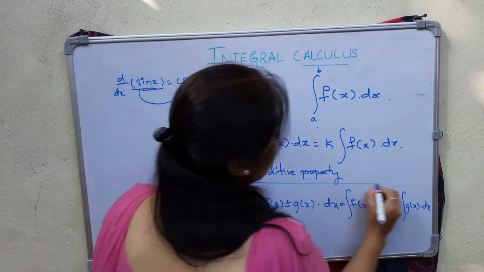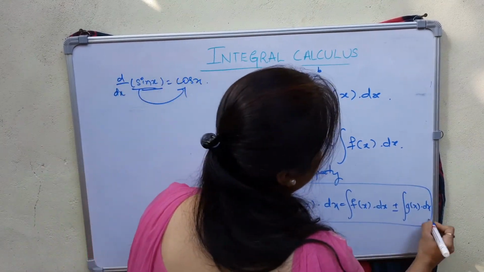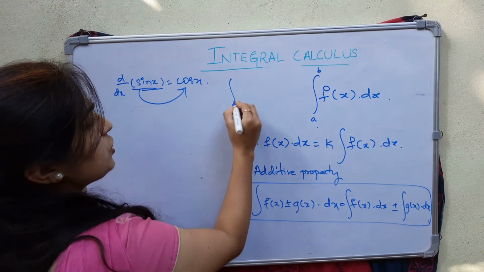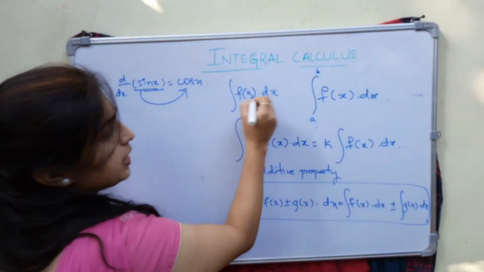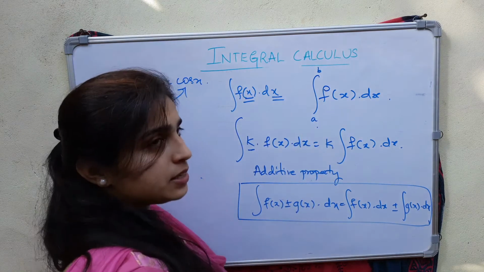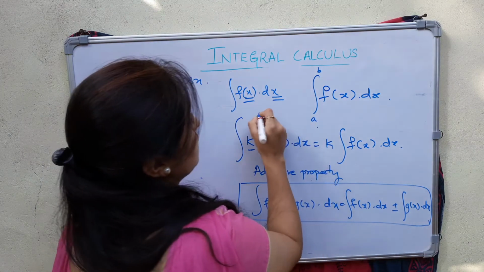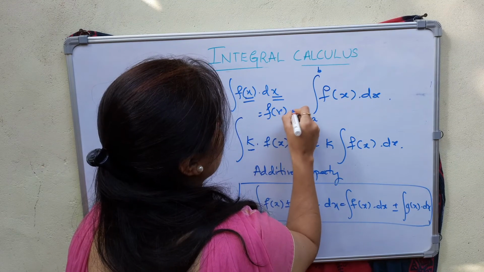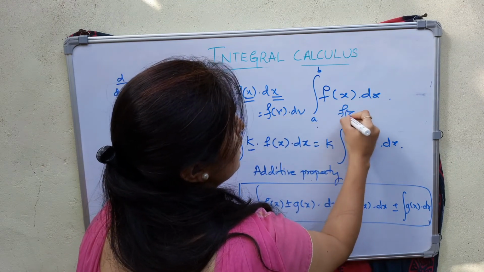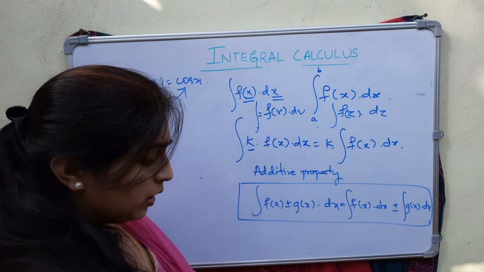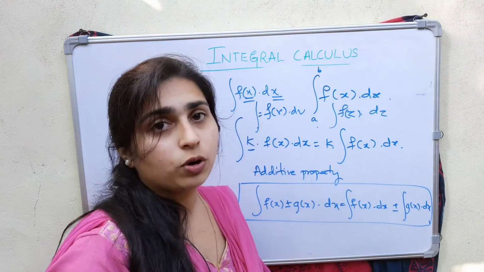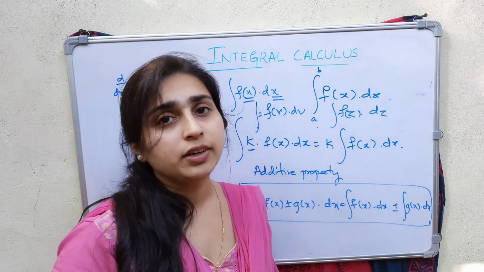And if I change the variable in f of x dx, it doesn't make any difference. I can write f of v dv or f of z dz; that will be the same thing. In the next class we will be studying the properties of definite integrals.